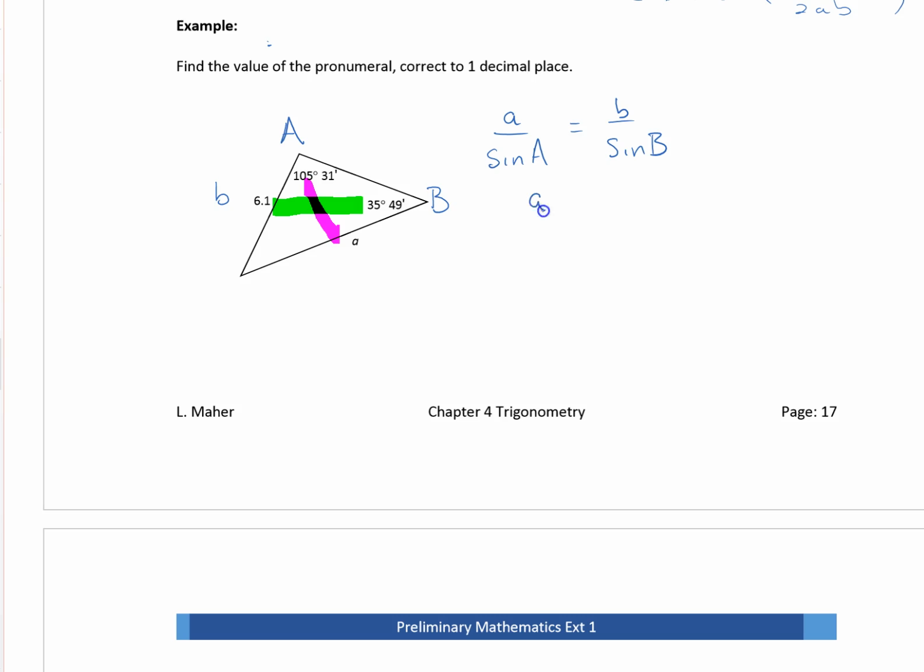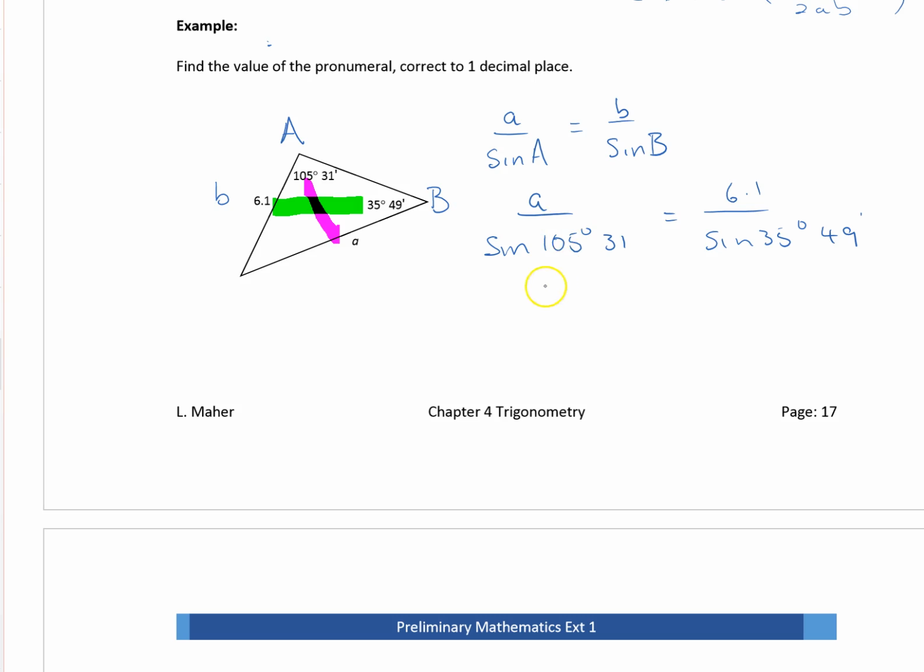So I sub into the formula, and we've got a on the sine of 105°31', and b is 6.1 on the sine of 35°49'. Now, as you can see, we've got values for 3 out of the 4 places, and we've just got one unknown. It's an equation.